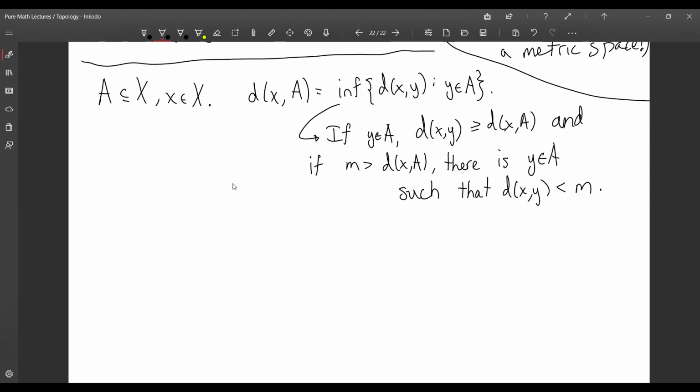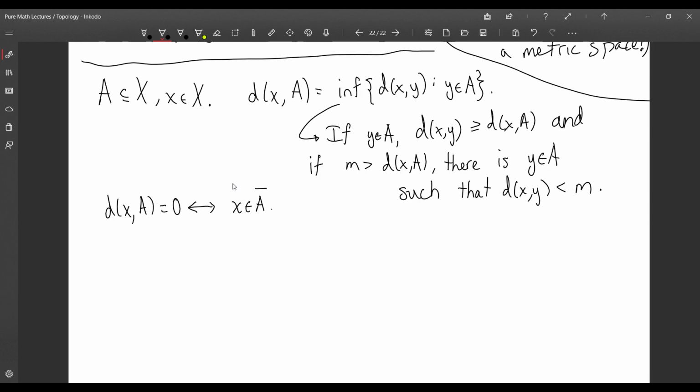The first thing is that d of x, A is 0 if and only if x is in the closure of A. Notice how this is different from what one might expect, because remember, the distance between two points is 0 if and only if they're the same.